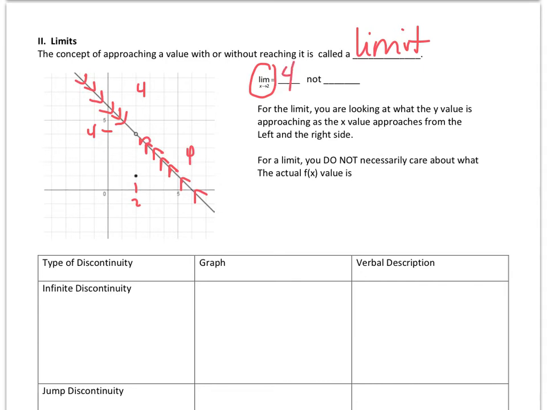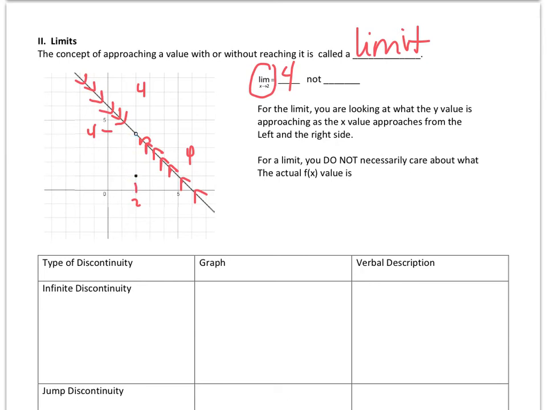What you have to be careful of is there's an open circle here. On limits, it does not matter whether that's an open circle or a closed circle, because all a limit is worried about is what that number is approaching from the left and what it is approaching from the right. It's approaching 4, okay? It's up to but not including that point. So a function value is very different than a limit value.